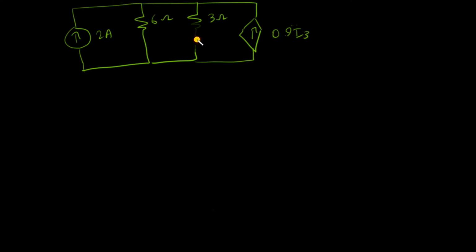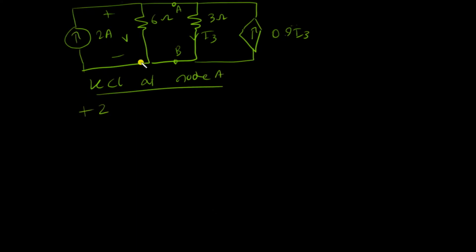Now after combination, this is what my circuit comes out to be, and I will apply my current laws here. This was I3 and this was V. So there are just two nodes. Because this is like a single node pair circuit, the first thing I would do is apply KCL, Kirchhoff's current law, at node A. There's 2 amps entering node A. There is some current leaving, which is I6, the current through the 6 ohm resistance, so minus I6.